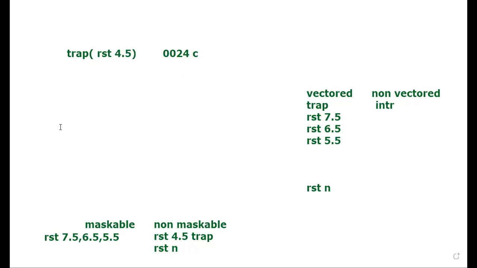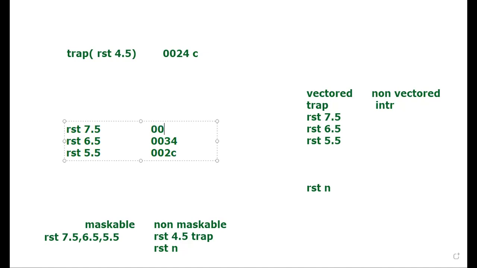Then RST 5.5 is 002C. Then RST 6.5 is 0034. And RST 7.5 is 003C.